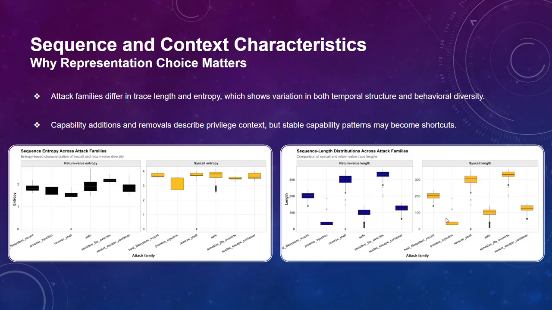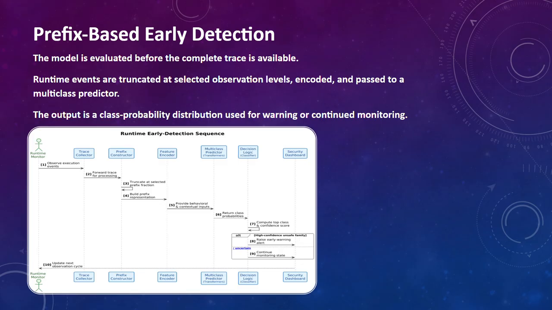The same kind of figures can be seen in both the return and system call lengths. Attack families differ in trace length and entropy, which shows variation in both temporal structure and behavior diversity. Capability additions and removals describe privilege context, but stable capability patterns may become shortcuts.